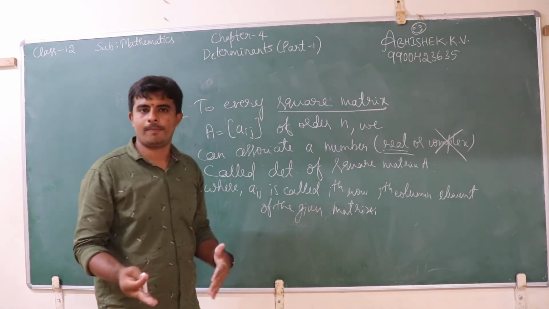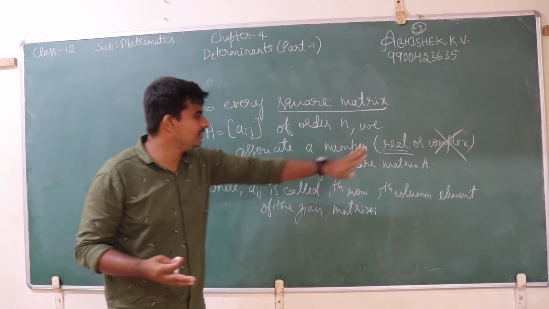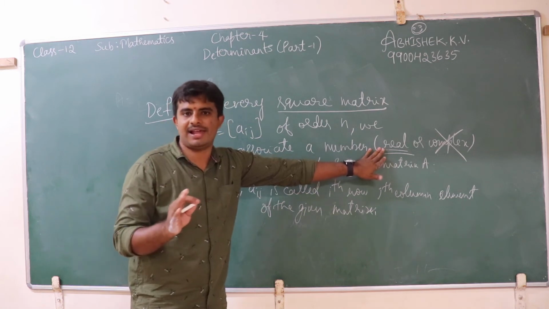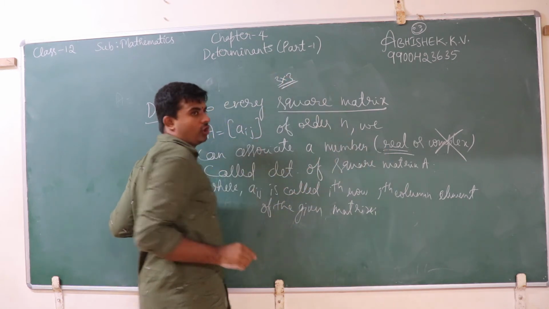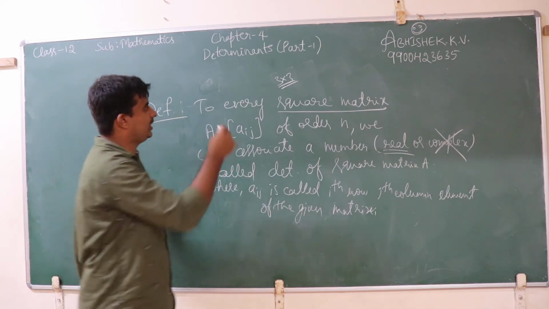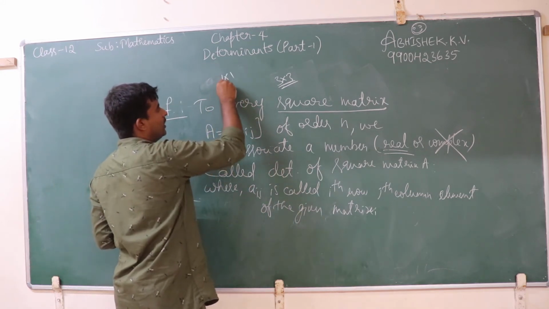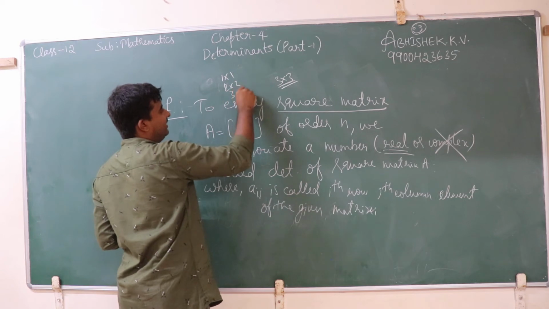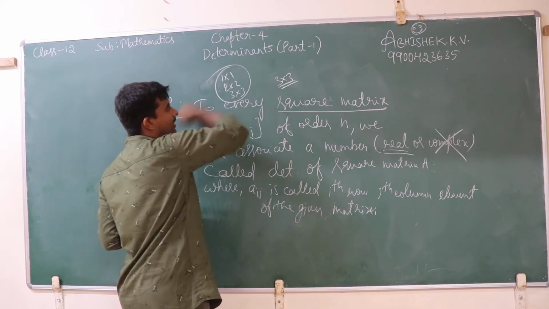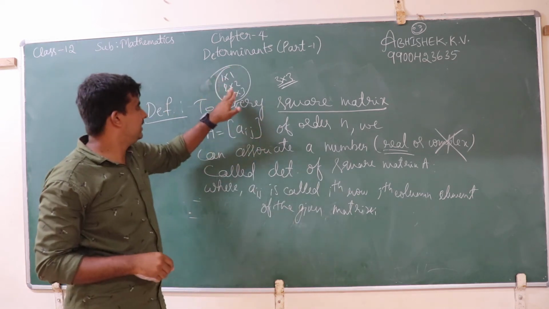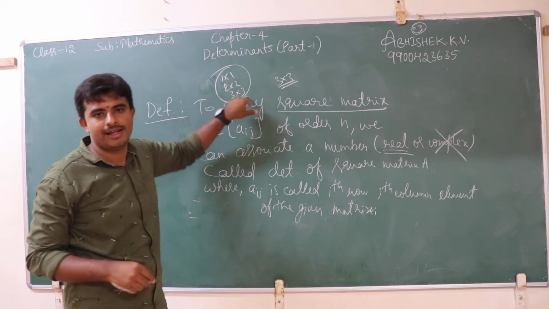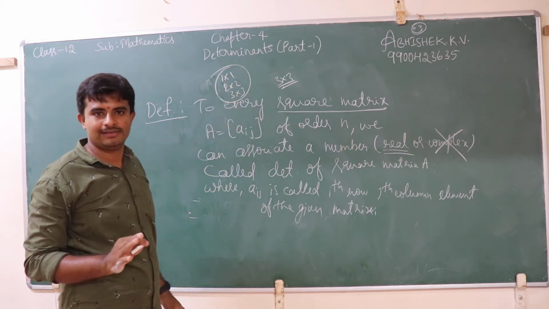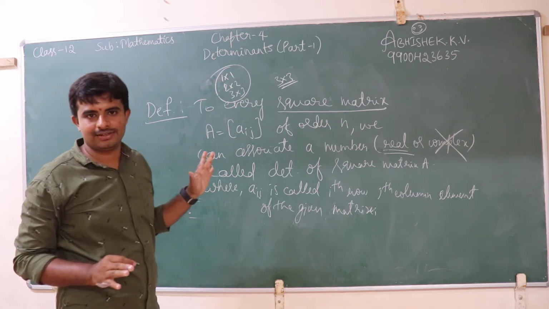It may be real or complex, but in your syllabus we are going to learn this determinant for only real values, and especially up to 3 cross 3 only. That means we are going to learn 1 cross 1, 2 cross 2 and 3 cross 3. Okay, we are going to learn only for these orders, that is, number of rows equal to number of columns. Is it clear? So this is the definition.